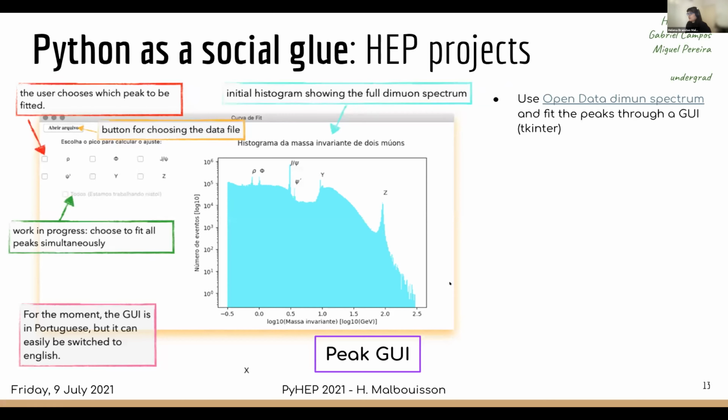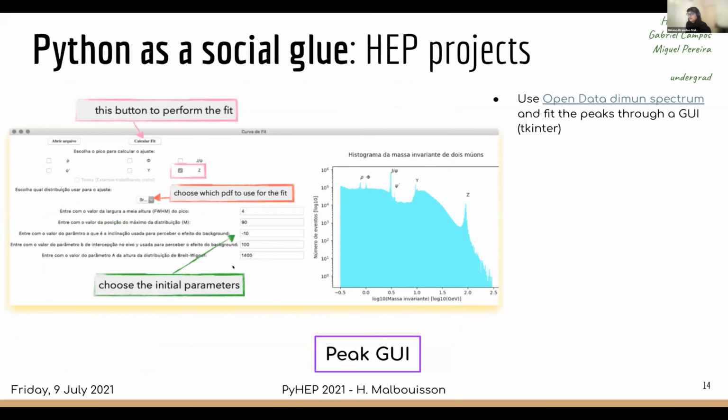And then another project we have with also undergrad students is this GUI that fits peaks on the dimuon spectrum of CMS Open Data as well. So the GUI shows, here you can see all the peaks, and then you have the chance to choose which resonance you want to fit, and then let me see.